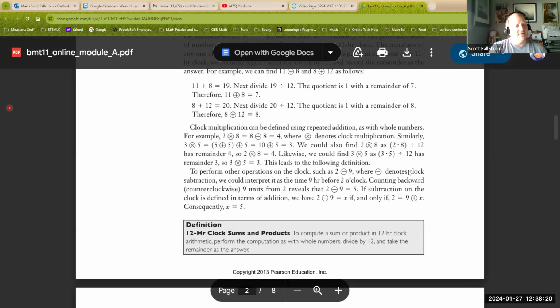Oh, I guess I was just thinking about that subtraction where I had 5 clock subtract 7. You know what? In your mind, you actually could think of this as -2, right? It's -2, but where is -2 if this was like a number line? And on the clock, you remember it went 1, 2, 3, right? So if you're counting backwards from 3, 2, 1, 12 is kind of like 0.